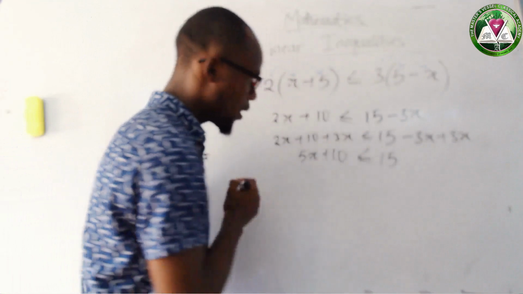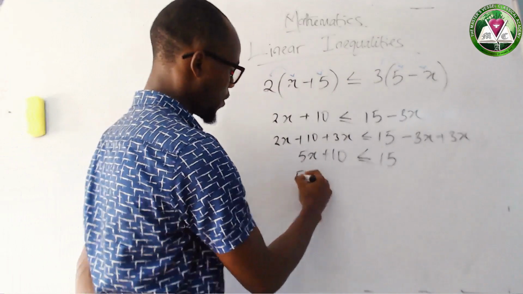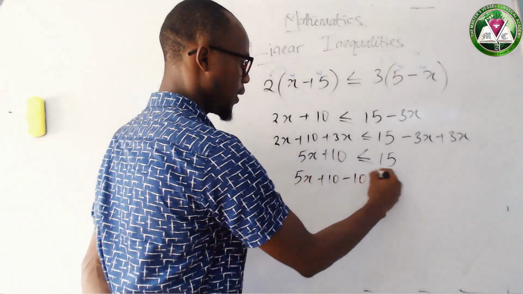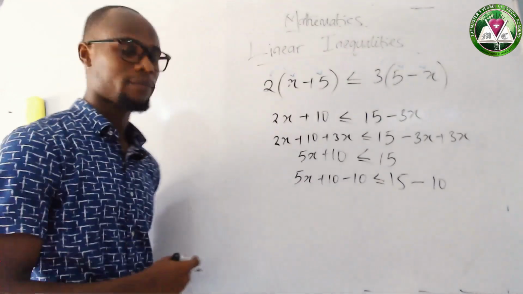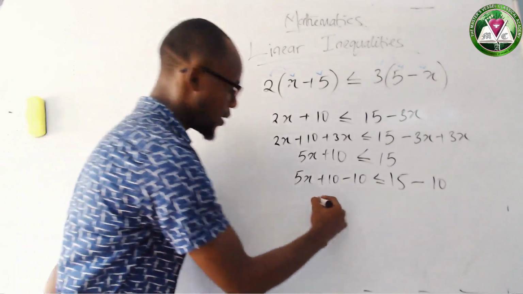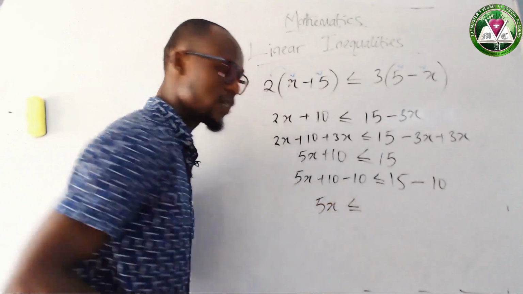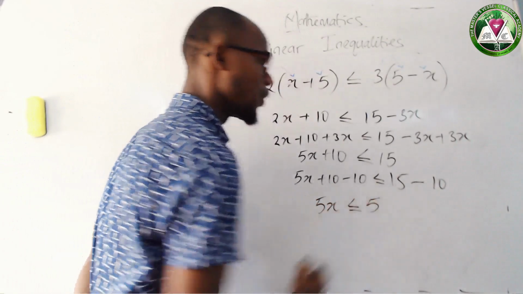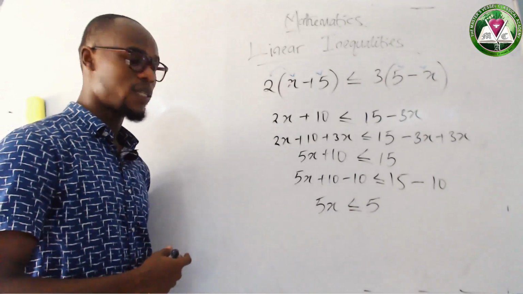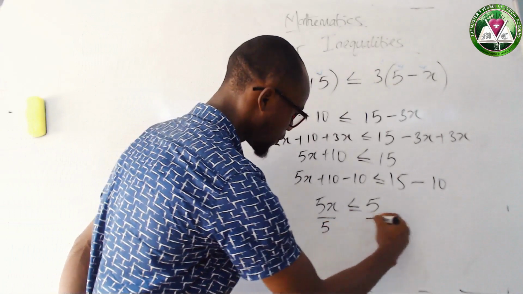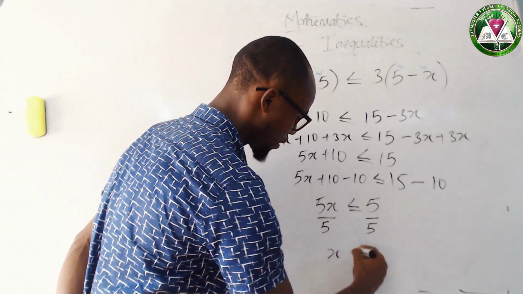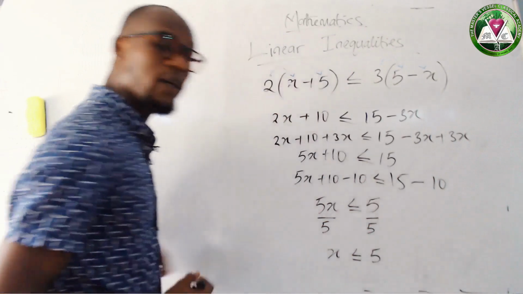So we have 5x plus 10 minus 10 less than or equal to 15 minus 10. So from here we have 5x is less than or equal to 5. And to get the value of x, we divide both sides by 5. Dividing both sides by 5, we have x less than or equal to 1.